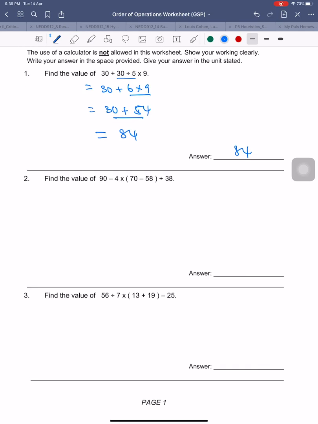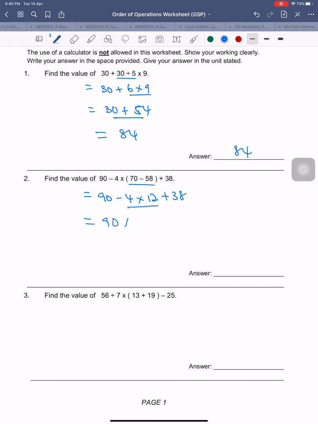Question number 2, you realize that a bracket is given to you. So rule number 1 says that if there's a bracket, you do the bracket first. So 90 minus 4 times (70 minus 58), so it's 12 plus 38. Now you have multiplication, subtraction and addition. So rule number 2 says that you will do multiplication first.